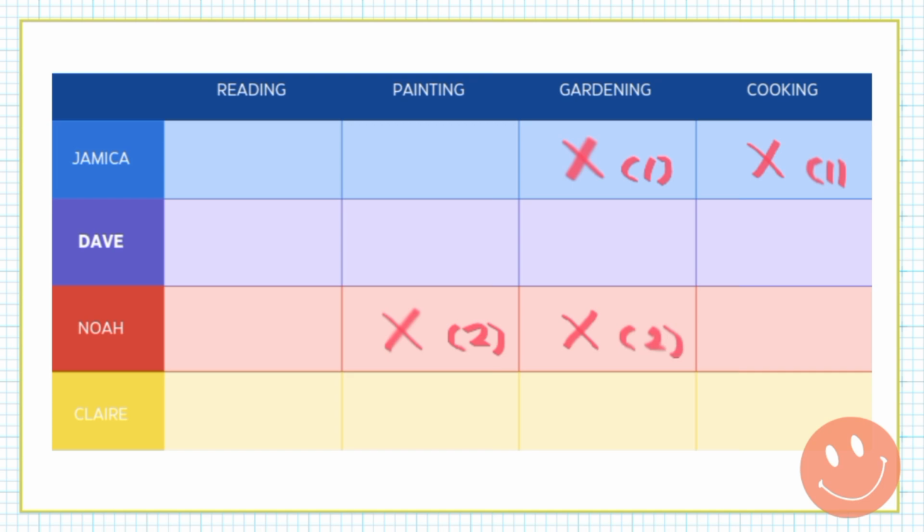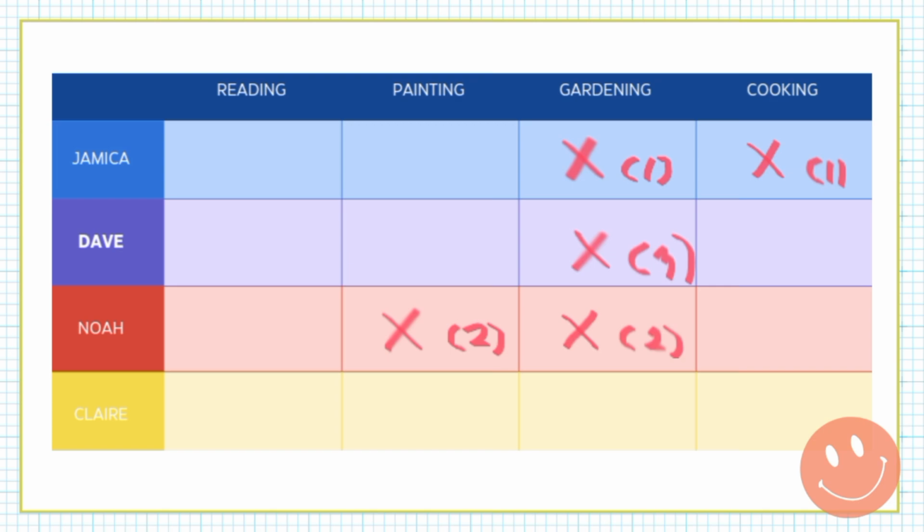For our third clue, Dave enjoys his hobby indoors, and gardening is an outdoor activity. So we put an X in the intersection of Dave and the gardening, because Dave cannot enjoy gardening. This is from clue number 3, okay?